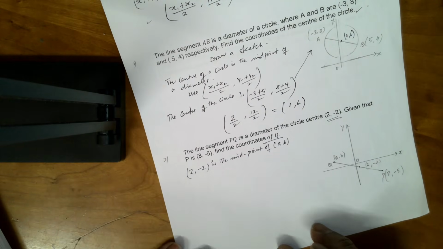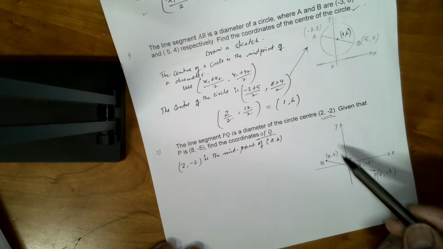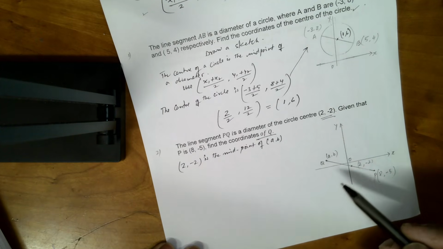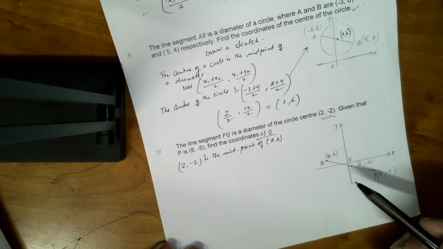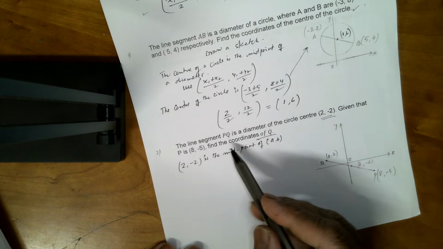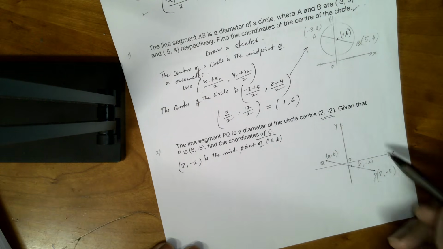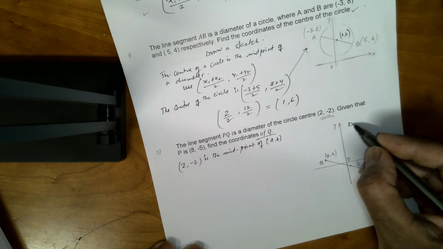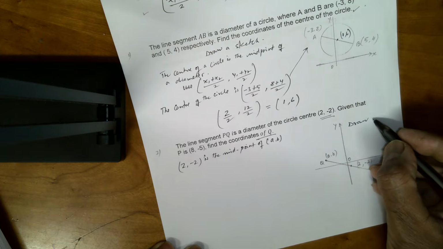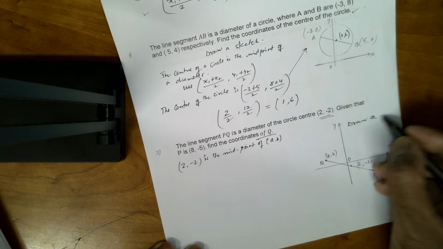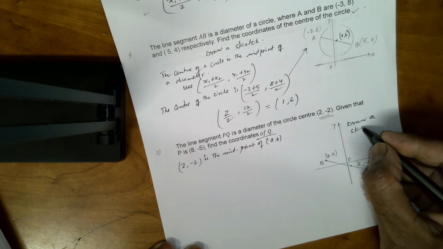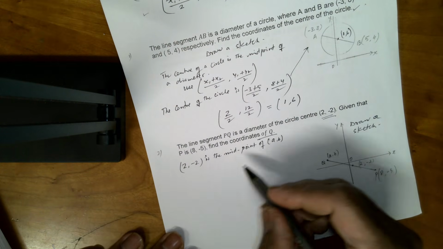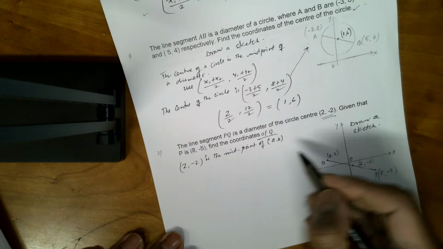Now again, in the exam, this may not be given to you, so you need to sketch that. Just go through the statement, see what's been given to you, and sketch that one. That will really help you, and I would say it probably carries marks as well, so it is better to do that. Okay, so 2 and -2 is the midpoint of AB.